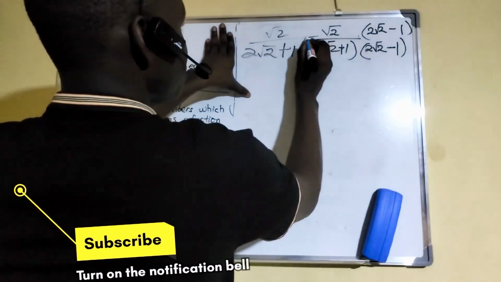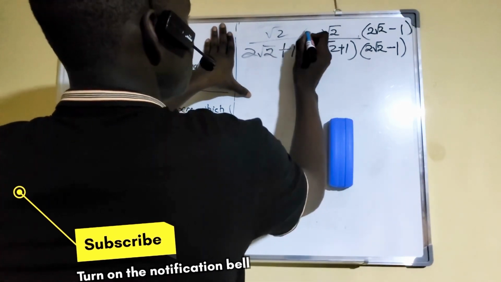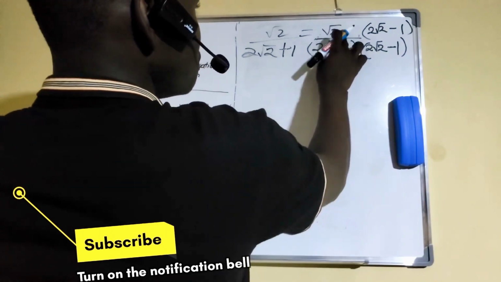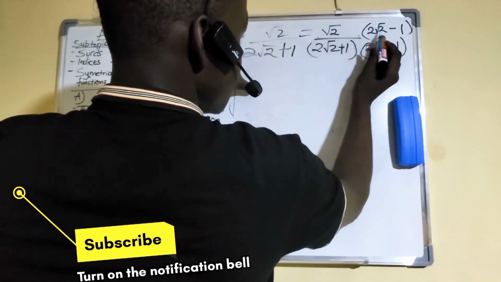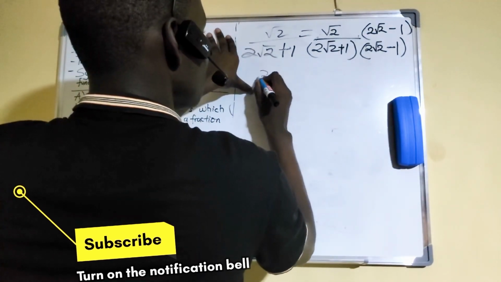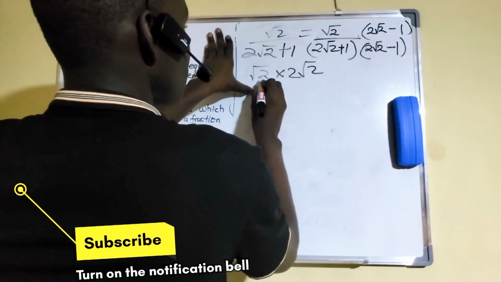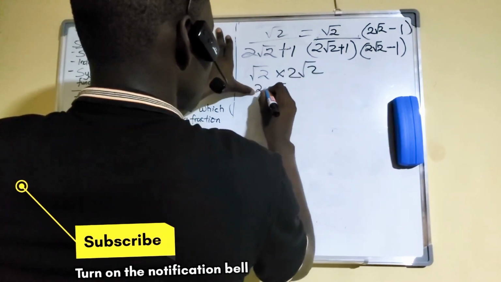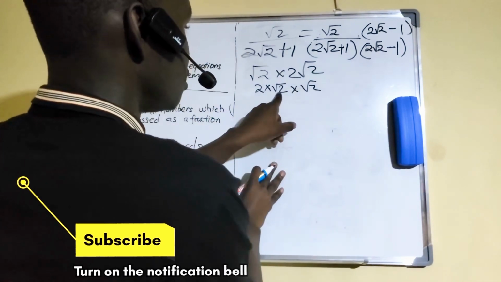Now this should give me root 2 times 2 root 2. Remember root 2 is root 2 times, I have 2 root 2 times 2 root 2. Now this is the same thing as root 2, 2 times root 2 times root 2, and this is 2.